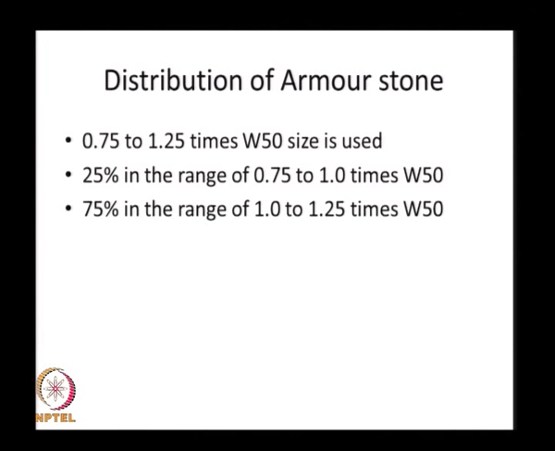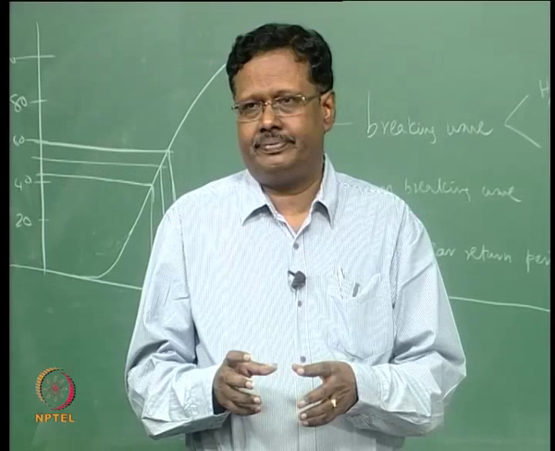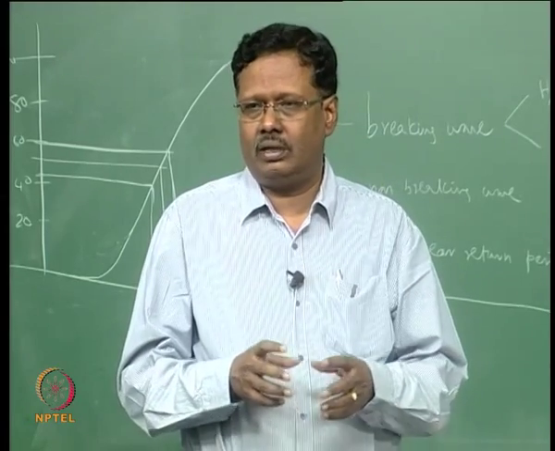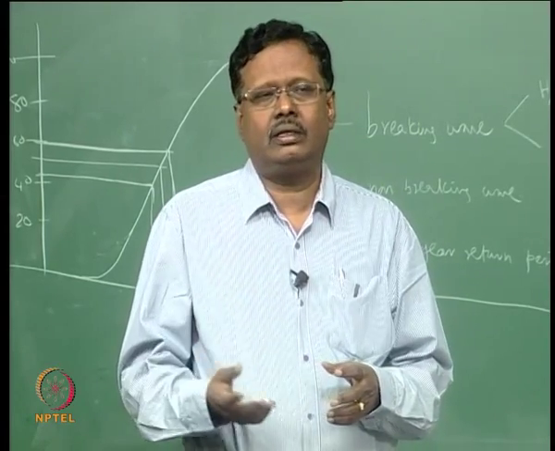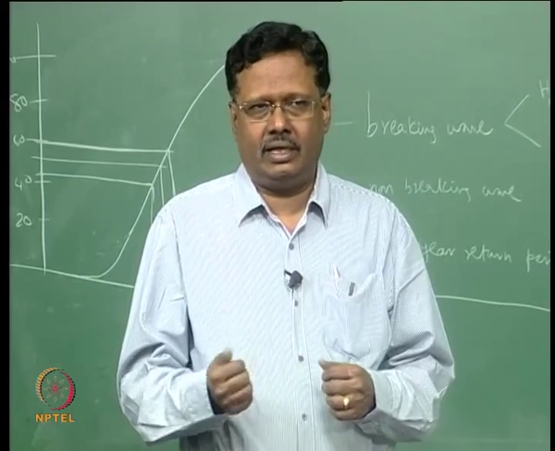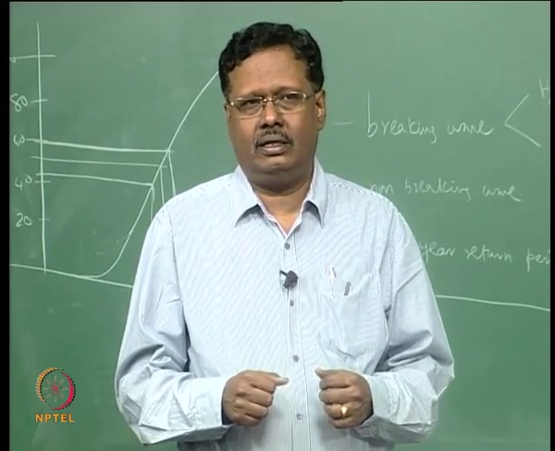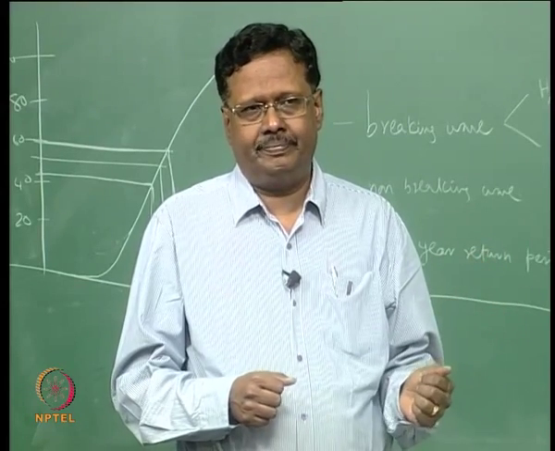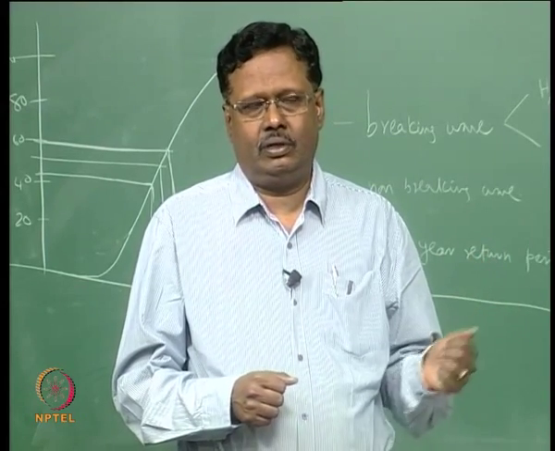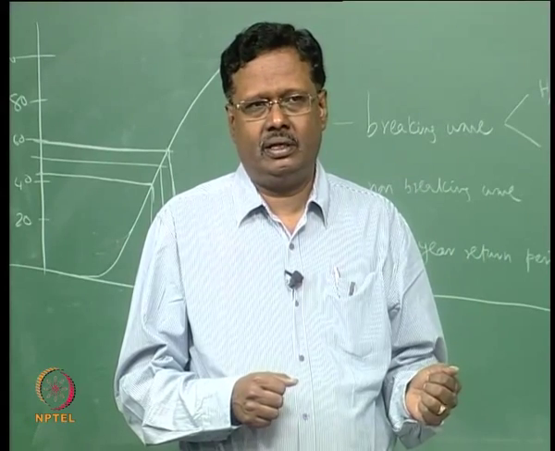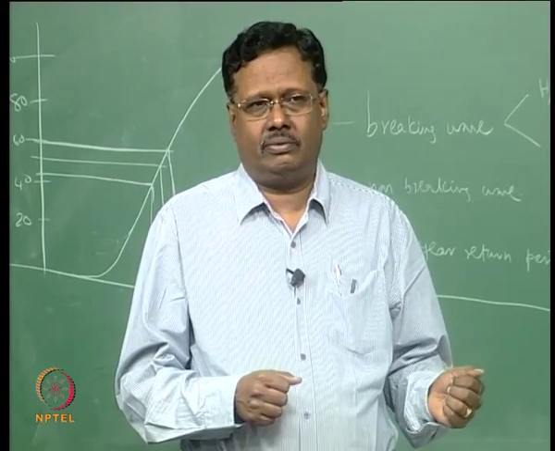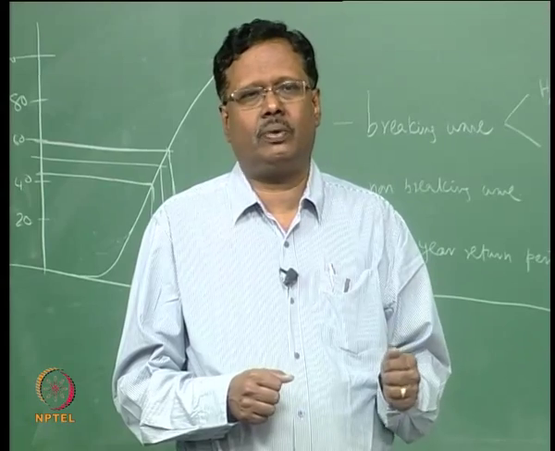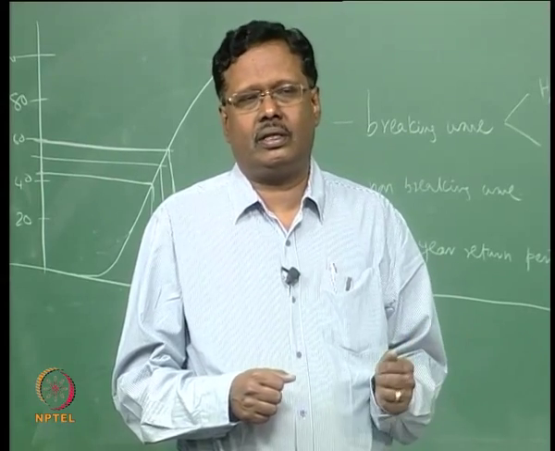See, we are designing for significant wave height, we are not designing for maximum wave height. When you design it for significant wave height, there is a possibility that 1/3 of the waves will be more than what you have designed for. To cater to that, we want 75% of the stones you are using to be more than W50, and only 25% less than W50. The minimum weight should be only 0.75. Generally the maximum weight should be 1.25, we do not recommend more than that.